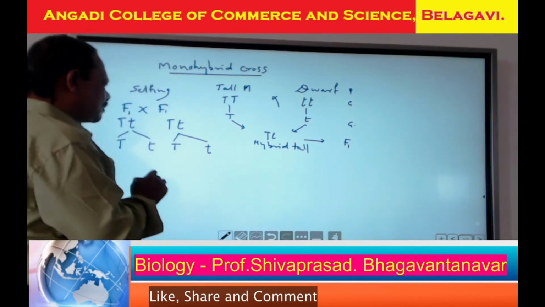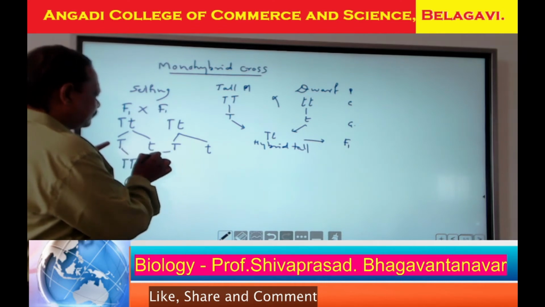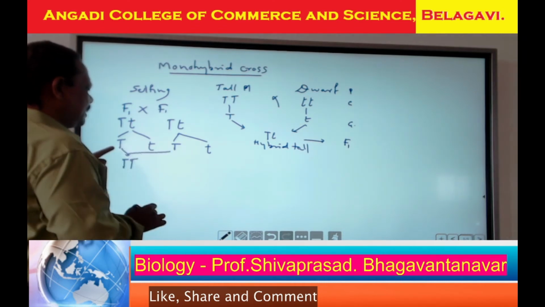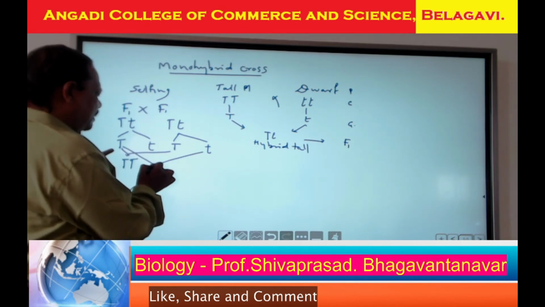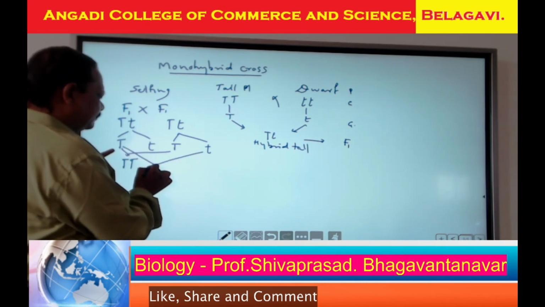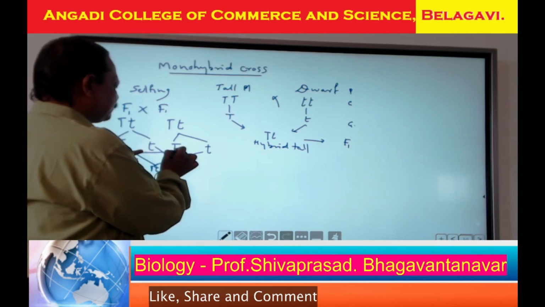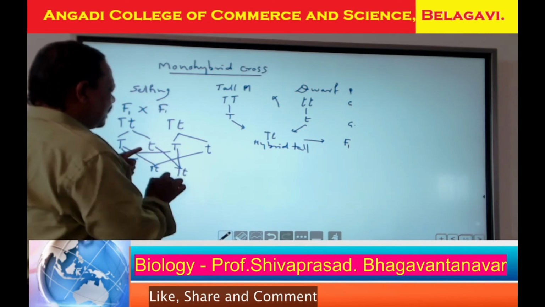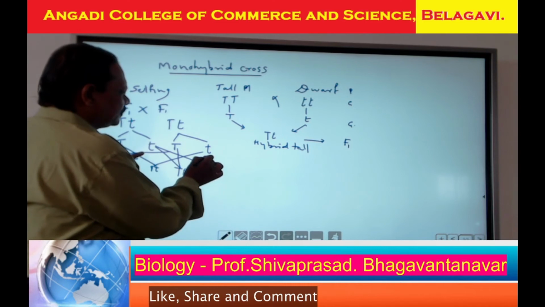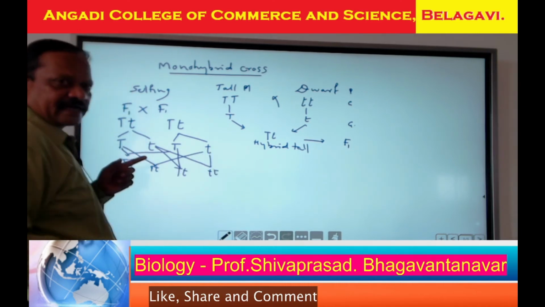Now see, the crossing is made. Capital T with capital T, then capital T and small t, next capital T, small t, and last, small t and small t, you are getting.